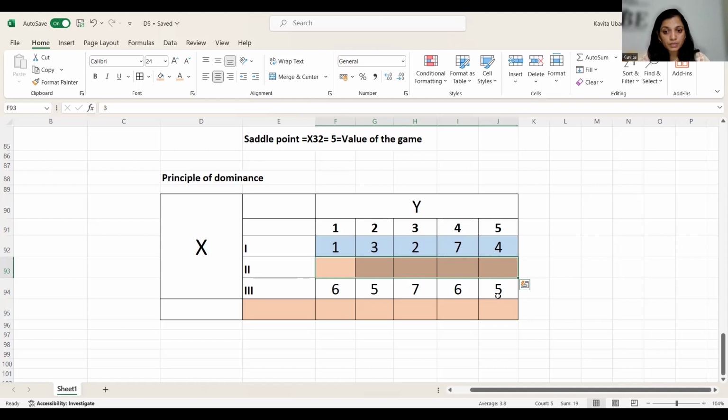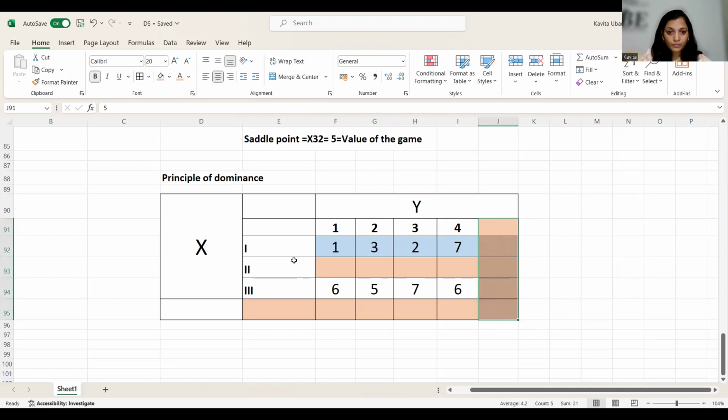When we apply the principle of dominance column-wise, we need to cancel the column having the highest numbers, having comparatively more values. That column we need to cancel. Here, column number 4 and column number 5: 7 is greater than 4 and 6 is greater than 5. So here we will cancel out column number 5.